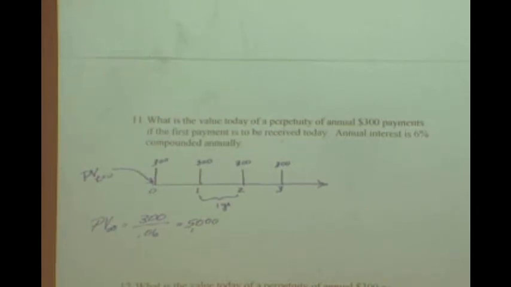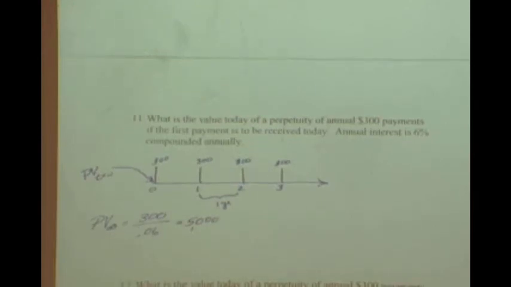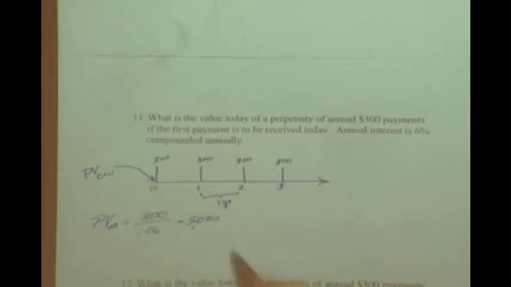Minus 1 year. One full period. The period is defined by the time between payments, 1 period before the first payment. So that's at minus 1 year.